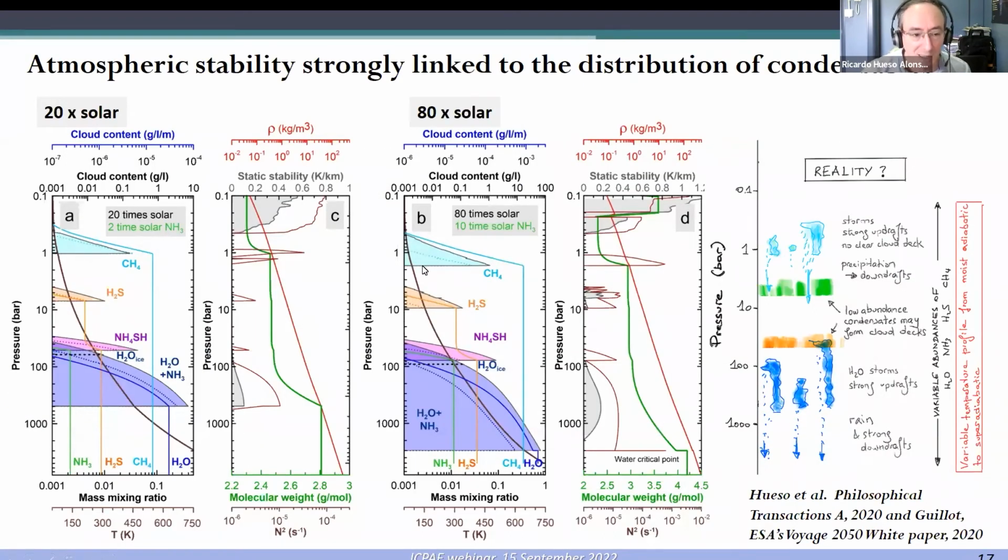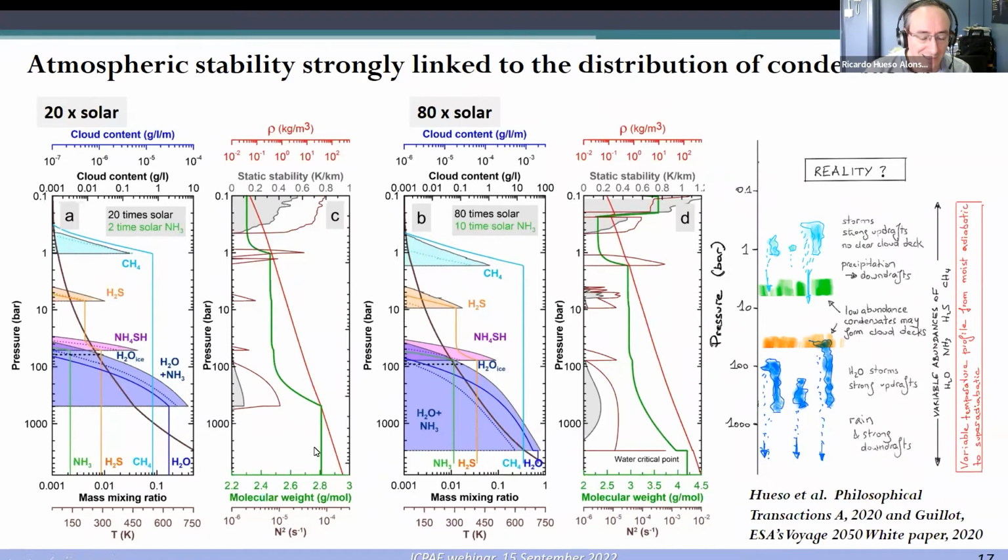This changes completely depending on the amount of volatiles that you have. If you have a planet with an abundance of 20 times solar abundance of the different condensables, your model of the atmosphere will be something like this in terms of the clouds and condensables that you're going to have. But in terms of the molecular weight of the atmosphere, so this is pressure, you are going to have a light atmosphere above, and then it's going to change.